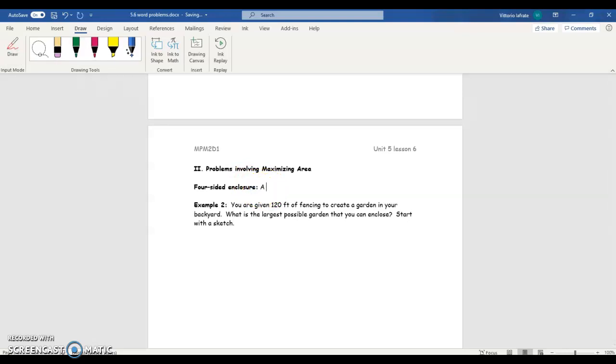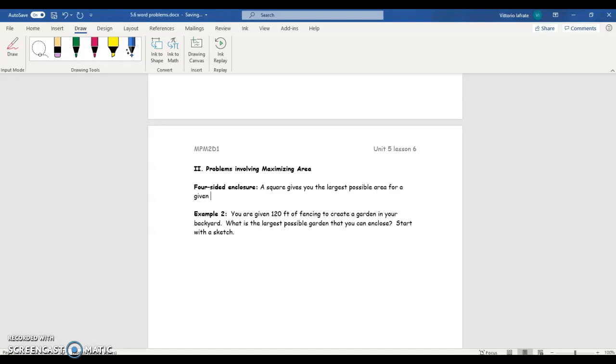It's a square that gives you the largest possible area for a given perimeter.